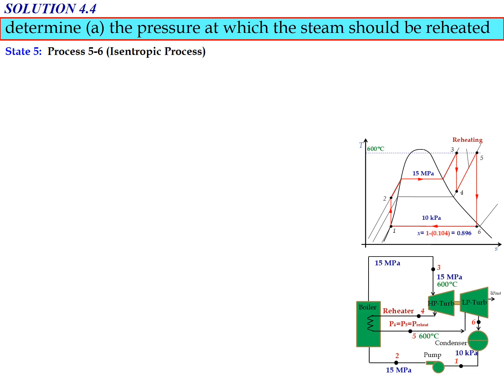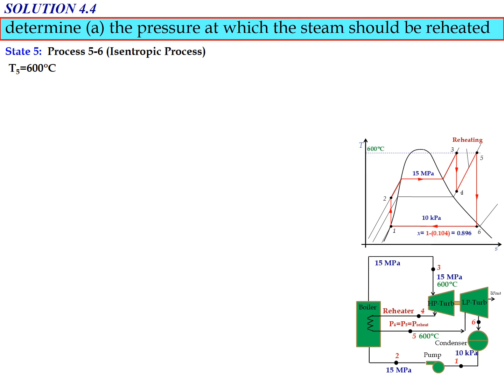Okay, for state number 5, the process involved is an isentropic process at the low pressure turbine, process 5 to process 6, and the temperature given is T5 equal to 600 degrees Celsius. So at this moment, we only have one data point for state number 5.